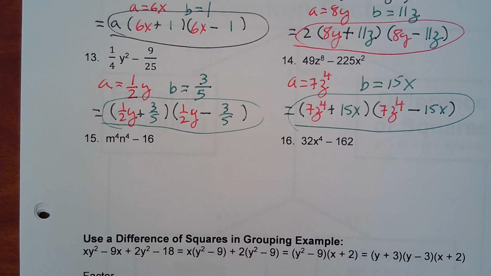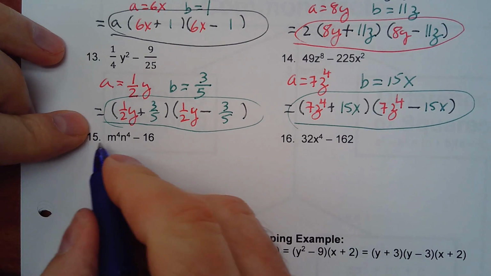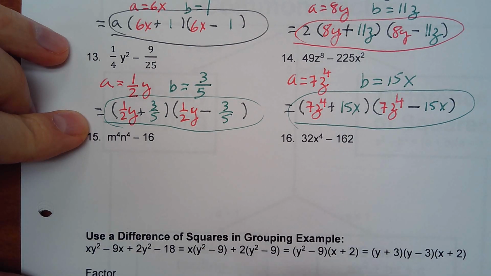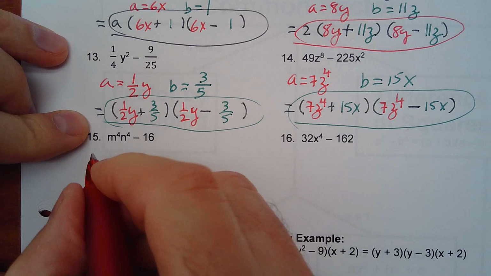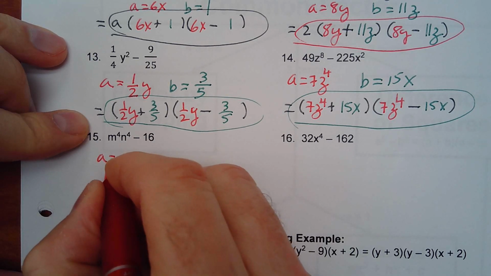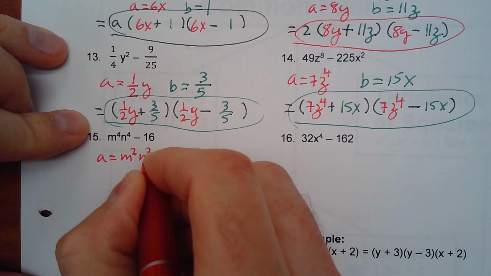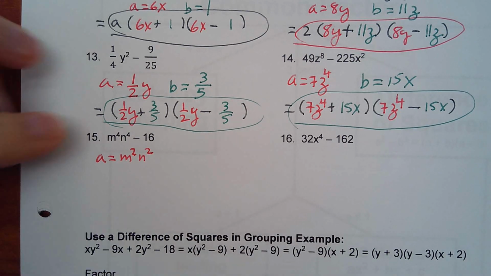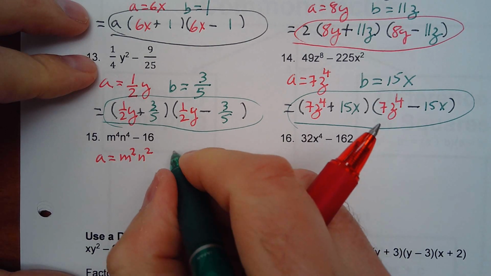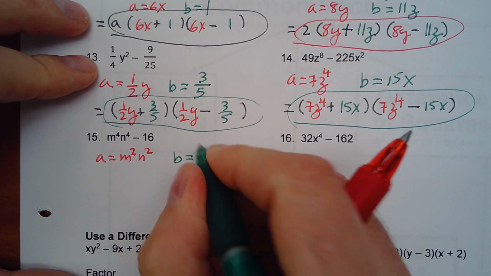All right, let's try this next one. So again, even power, so it's a perfect square. So I'm going to divide by 2. When I take the square root, that gives me m squared n squared. My b here is 4.